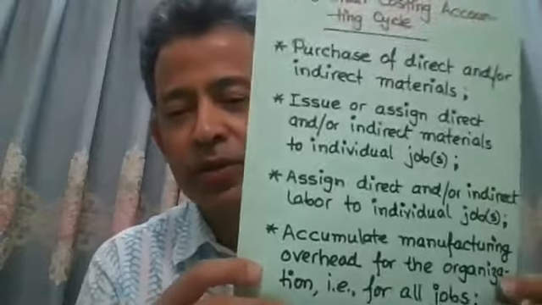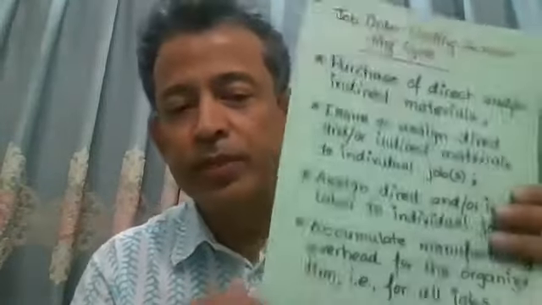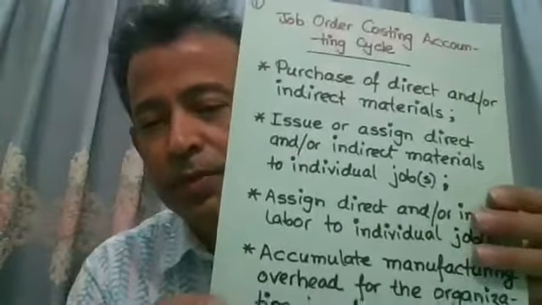It involves all the accounting aspects, all the transactions right from the acquisition of materials, direct and indirect, all the way up to completion, not just the completion of the job, but actually the sale of the job, earning the revenue and finding out how much profit you made from the job. So all the transactions involving a particular job are going to be covered in this video.